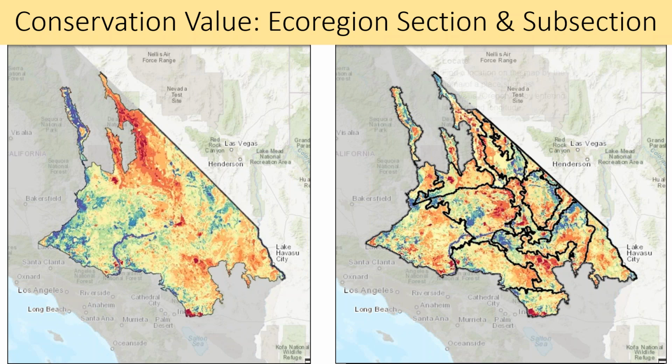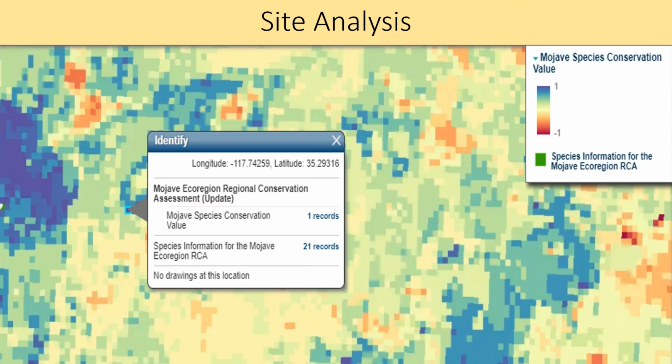I'm not sure exactly where we're going to go with this, but what it does show is that the map on the left is for the whole ecoregion, and then we ran the exact same analysis for each of the ecoregional subsections and showed the distribution of conservation values based on the same algorithms per subsection. So obviously there's lots that can be done with that.